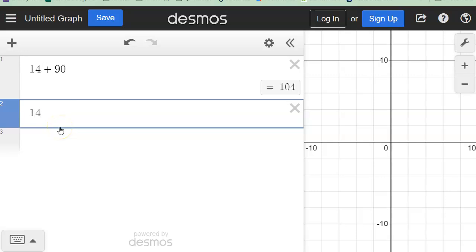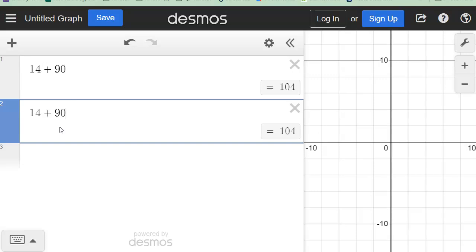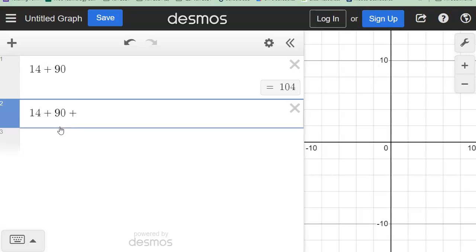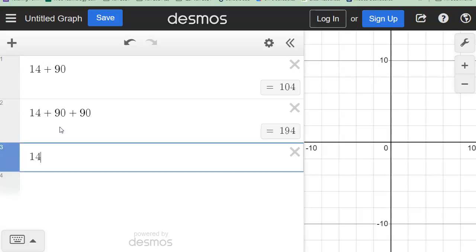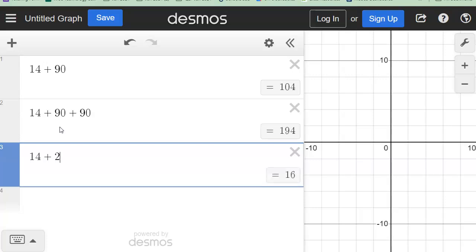I could take it like this, that I'm adding 90, that remember was the second person we select, and then 90 again. Or, as the formula says, I can add 2 times 90. Notice that those give us the same value, 194.